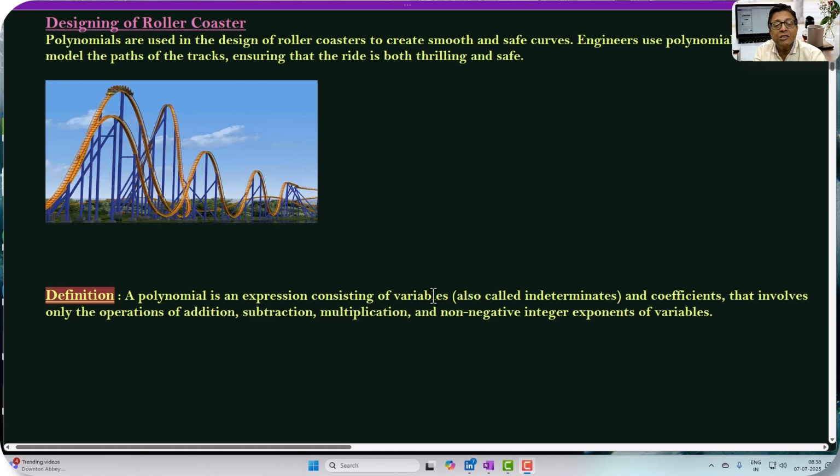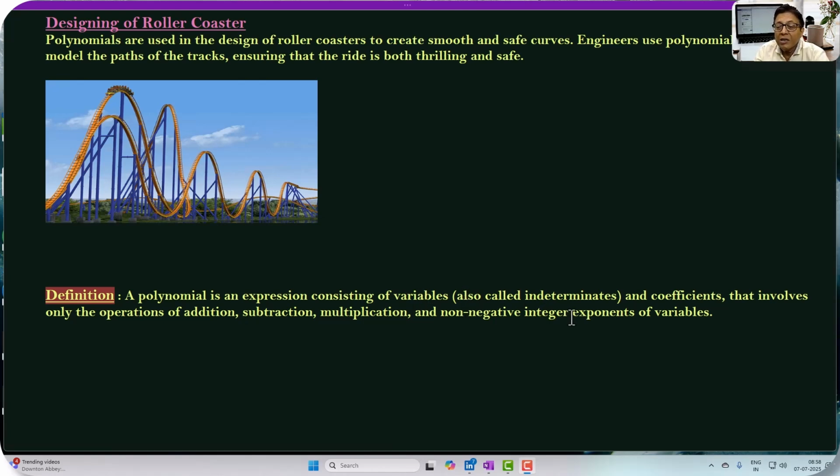This is an expression consisting of variables, also called indeterminates, and coefficients that involves only the operations of addition, subtraction, multiplication and non-negative integer exponents of variables. Many things are stated here without any mathematical expression. That is not possible by now.